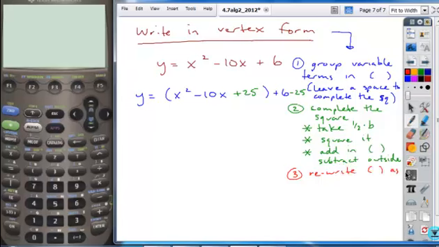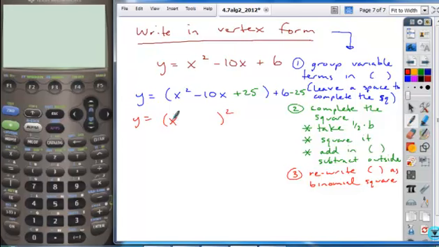The next thing we're going to do is rewrite the trinomial within the parentheses as a binomial square. Again, the whole reason we chose this process to complete the square is so these three terms wind up being that special factor form. It's a perfect square trinomial, therefore it can be factored into a binomial square.